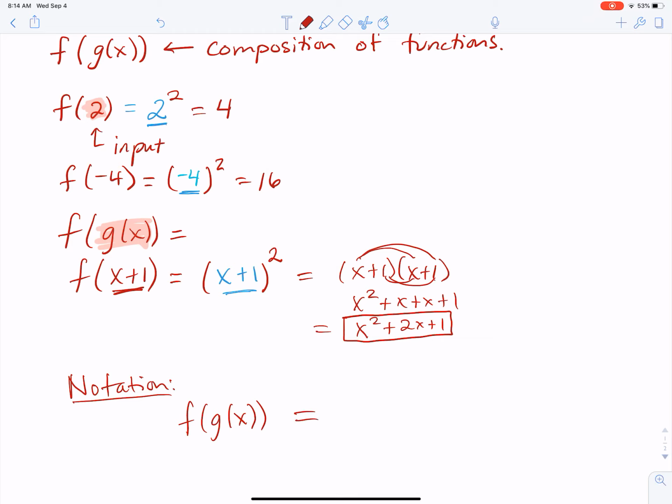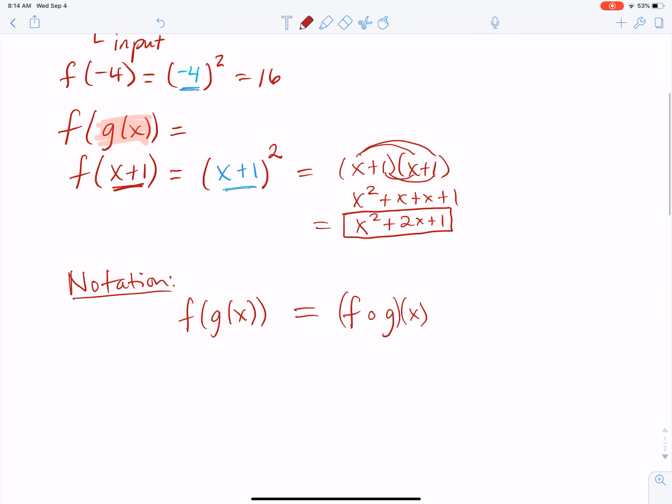That is the same as saying f in an open circle that stands for of, and then g. So f of g, do not say fog, it's not fog, but f of g, and then of x. So you can really use either notation there.